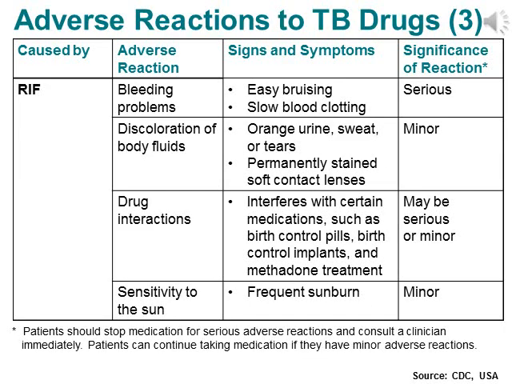Rifampicin can also lead to bleeding problems due to reduction in platelet count, for example, easy bruising or slow blood clotting, which can lead to serious consequences. However, a minor side effect is discoloration of all body fluids. So, for example, if a patient is using contact lenses, they can be stained potentially.